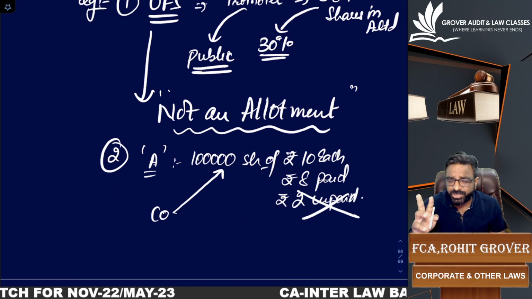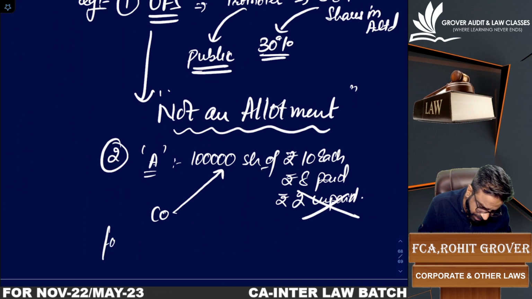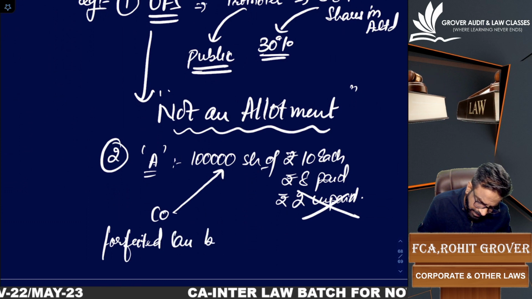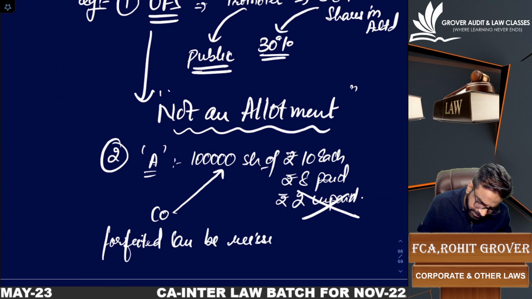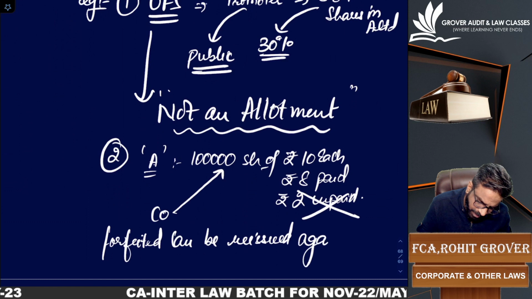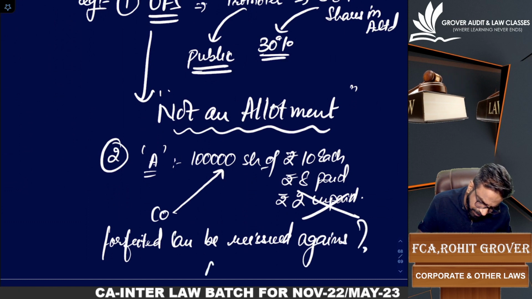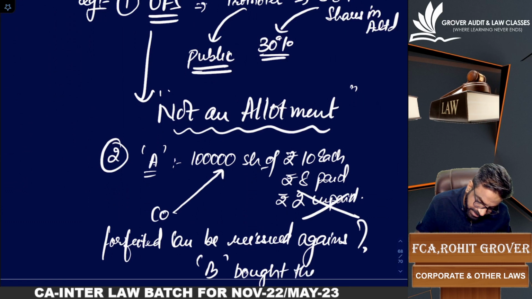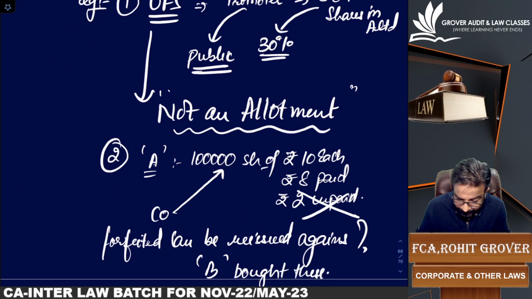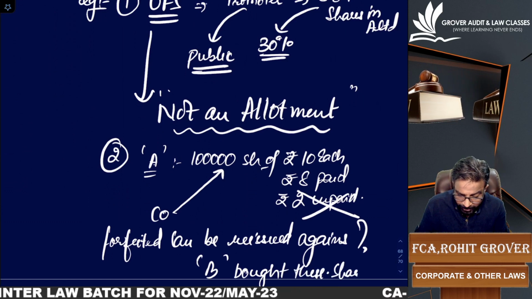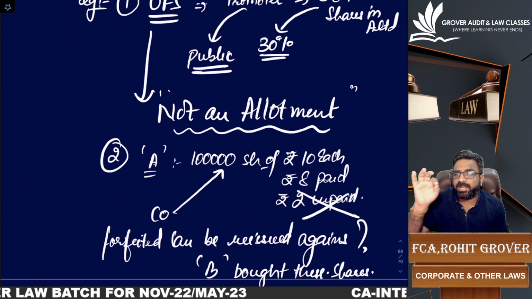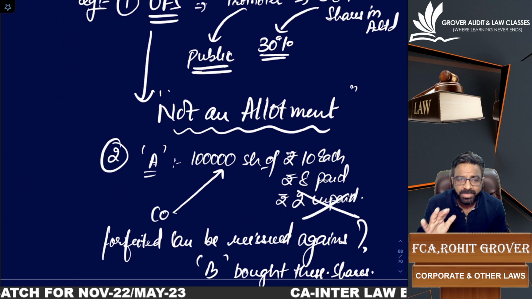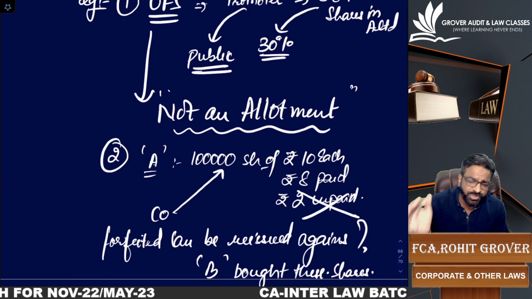My second question to you is, can forfeited shares be issued again? Yes, sir, they can be reissued. Now my question is, Mr. B bought these shares. Is it an allotment of securities? No, sir. Everyone, please write in the comment box. Are these shares freshly issued to B, or were they already issued shares?